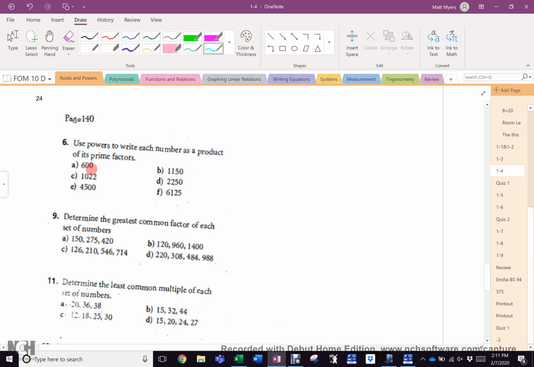Is making a product of prime factors for a giant number any different than making the numbers we've already done? No. It's exactly the same thing, isn't it? If you could do it on the previous 4 examples, and you could do it on A and D, say, and you get it right because the answers are on this page, do you really need to do all 6 of them?